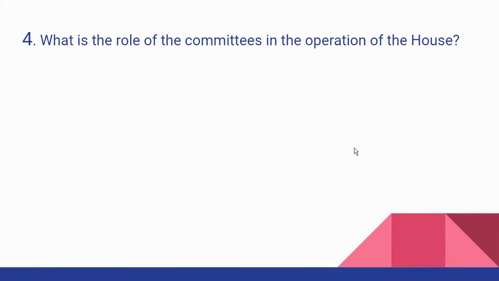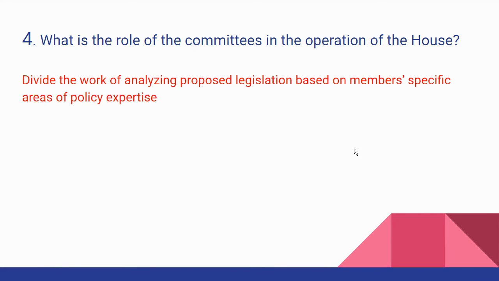And our last question for these notes is, what is the role of the committees in the operation of the House? So what they do is they divide the work of analyzing proposed legislation based on a member's specific areas of policy expertise. And they have several different committees in the House. They have standing committees, which are always there.